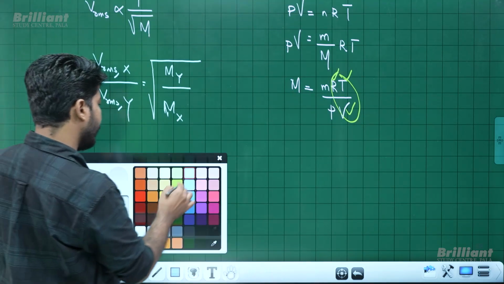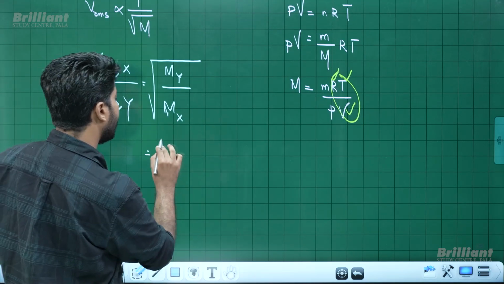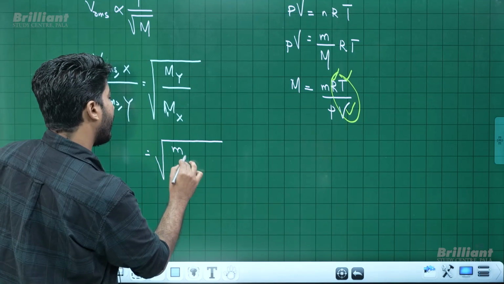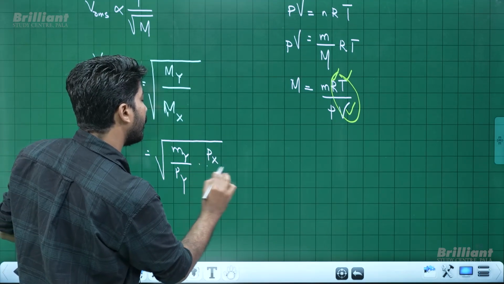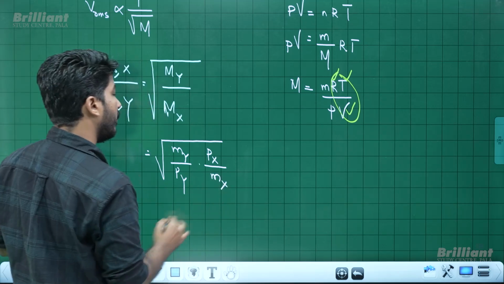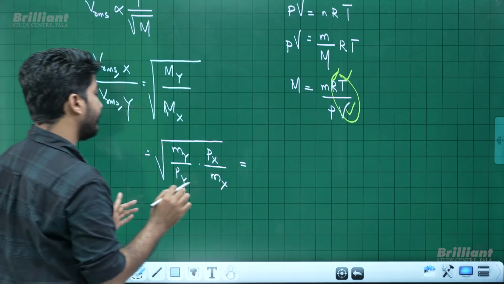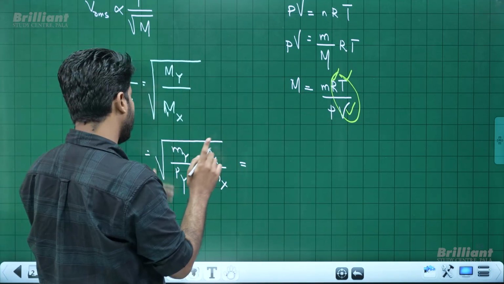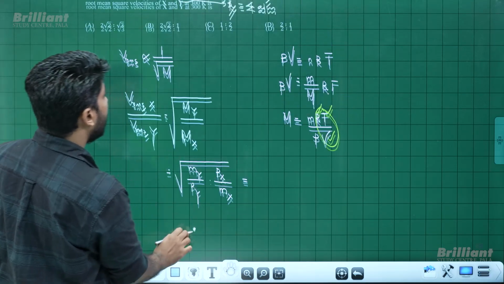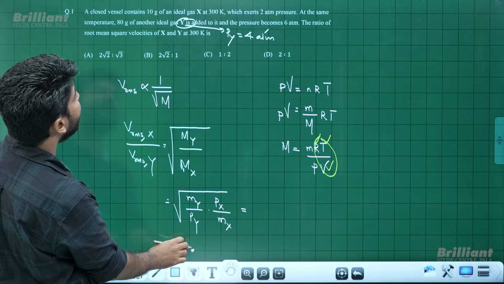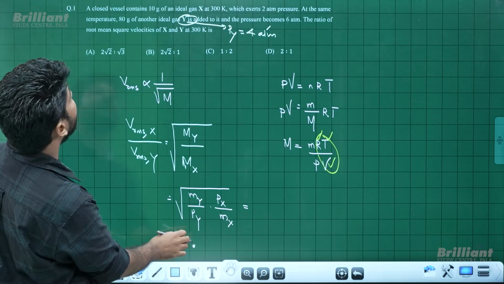So that ratio now becomes root of My by Py into Px by Mx. All others will cancel out, those are the same for both gases. So now let's plug in values for M and P. M is 10 for the first gas and 80 for the second gas.